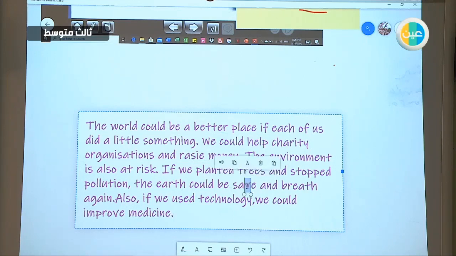Okay, let's correct this one here. Safe. So the sentence: also, if we use technology, we could improve medicine.